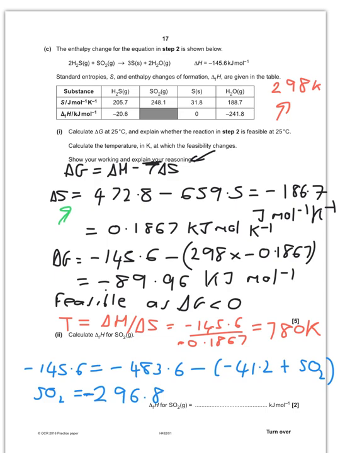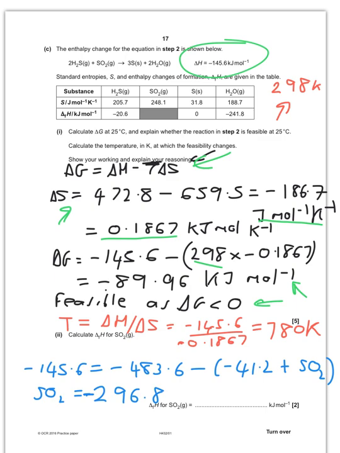Notice that when you do that, that gives you the value in joules per mole per Kelvin, but to use it in this expression here, you need to convert it into kilojoules per mole per Kelvin, which I've done here. Then you pop that into delta G. They've told you delta H for the reaction there, and you need to remember to convert temperature to Kelvin, and that gives you minus 89.96 kilojoules per mole. So it is feasible because delta G is less than 0.